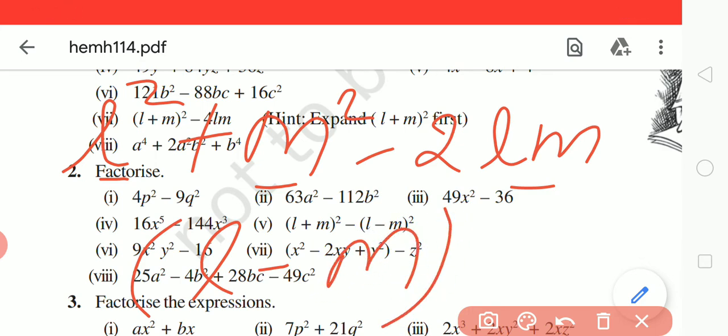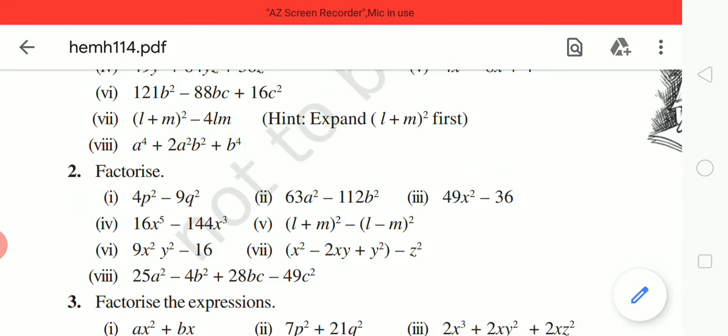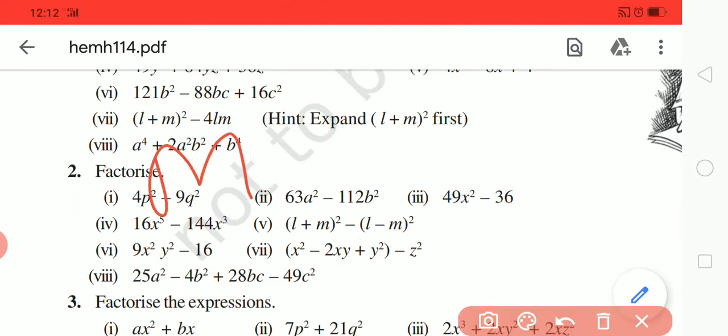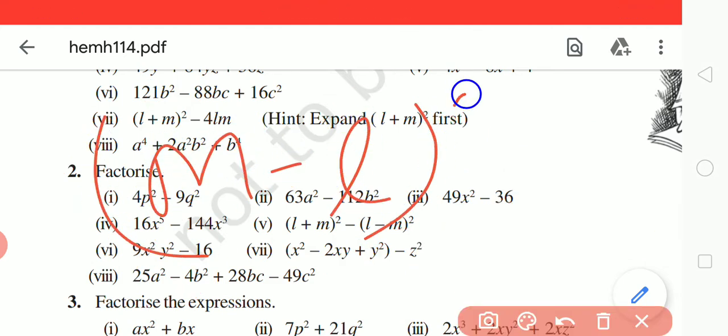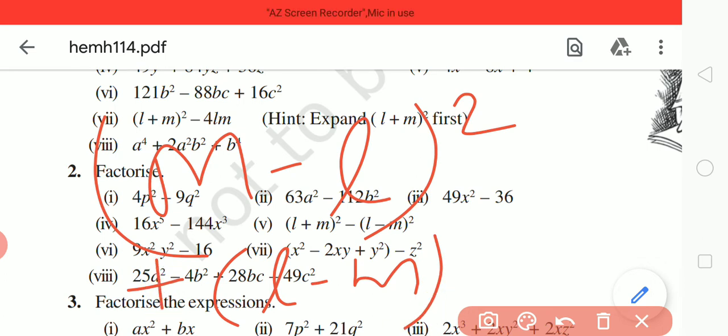So l minus m whole square, or you can write m minus l whole square, the same thing, right? L minus m whole square or m minus l whole square, both are right, because if you take minus as common from here, you will get again l minus m, and the square of a negative is positive, so it will again become the same. So you can write either this or this one.